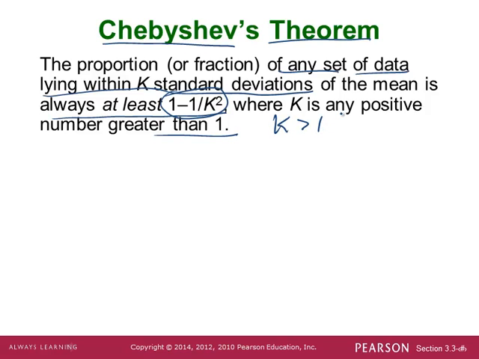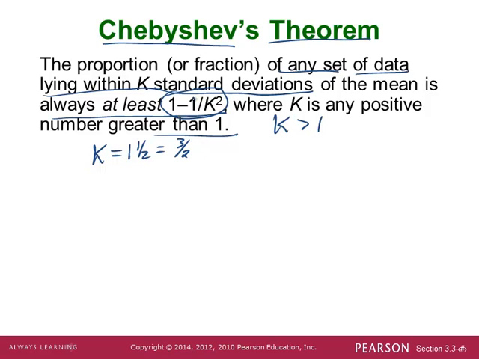So, for example, suppose I want to know what fraction of my data / distribution / population will fall within, say, 1.5 standard deviations. So let K be equal to 1.5, which, by the way, is 3 halves.